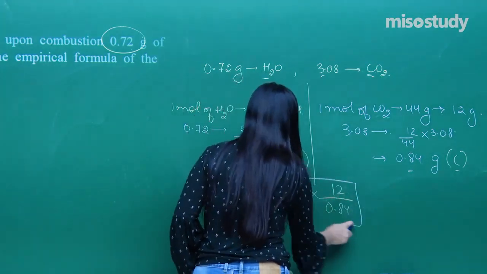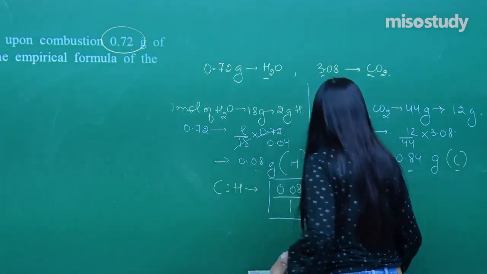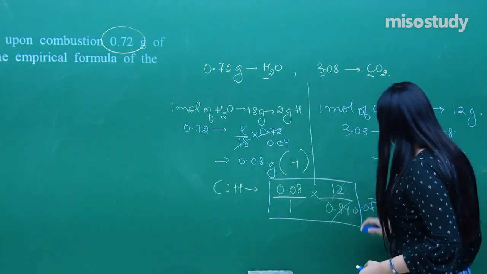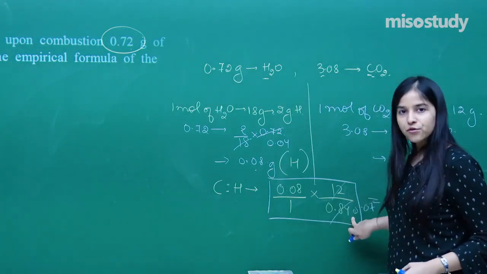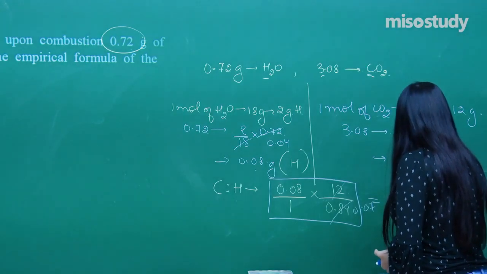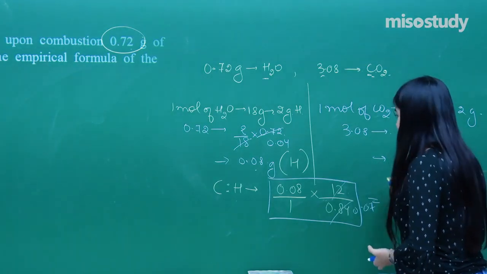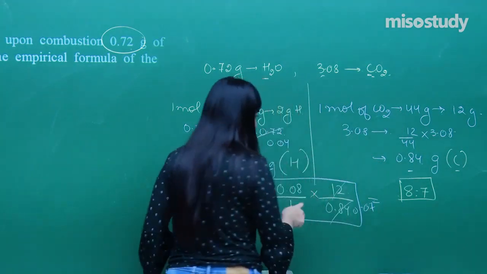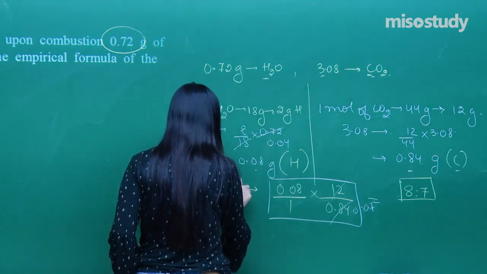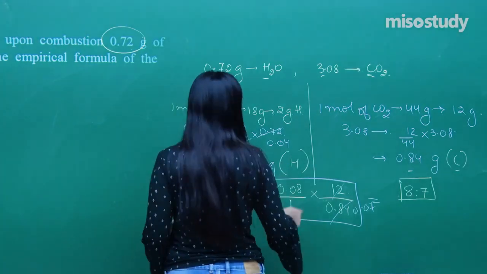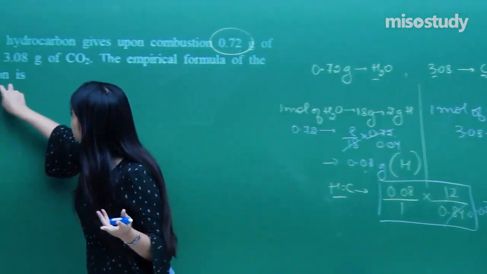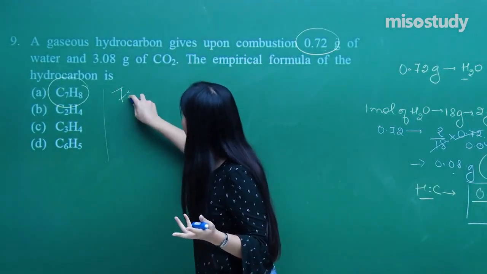Thereby I will be having 0.07, 12 sevens are 84, right? So what will we get? We are getting an 8:7 ratio, that is hydrogen to carbon, not carbon to hydrogen. They are asking about carbon to hydrogen, that will be nothing but 7:8, right?